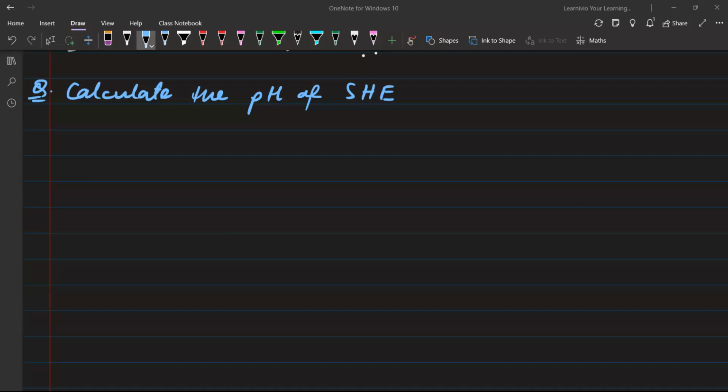Wait a second, it's getting downloaded. Calculate the pH of standard hydrogen electrode. If the EMF of the cell is minus 0.59 volts.